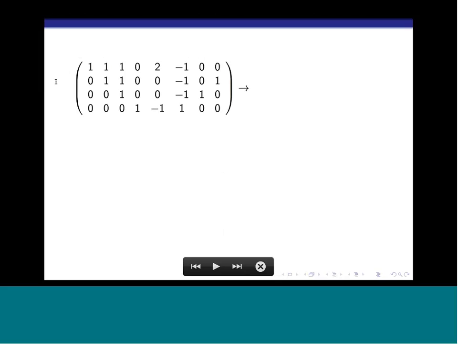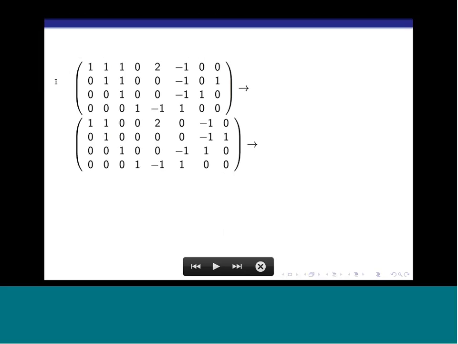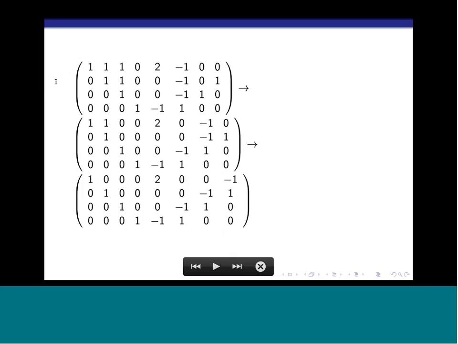Then the third row times minus 1, then add back, you get this. Then second row times minus 1 then add back, then you get this. Then the last part, that's 2, 0, 0, minus 1, 0, 0, minus 1, 1, 0, minus 1, 1, 0, minus 1, 1, 0, 0 will be the inverse of it. Okay?